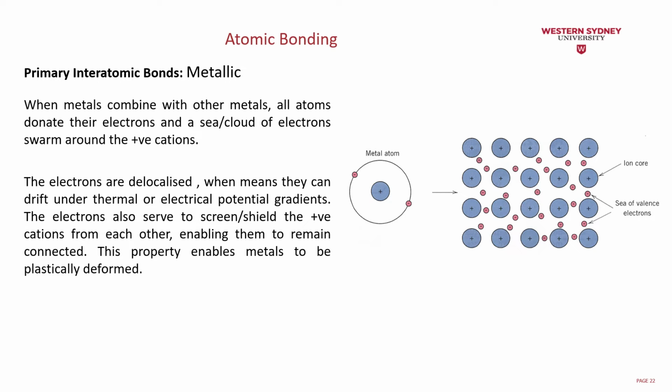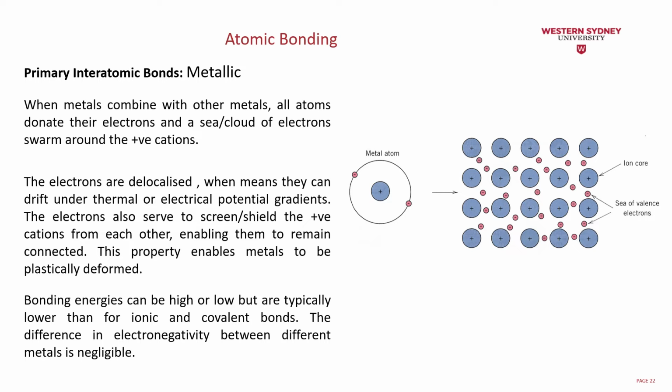The electrons also serve to screen or shield the positive cations from each other, enabling them to remain connected. This property enables metals to be plastically deformed. Bonding energies can be high or low, but are typically lower than for the ionic and covalent bonds. The difference in electronegativity between different metals is usually negligible.